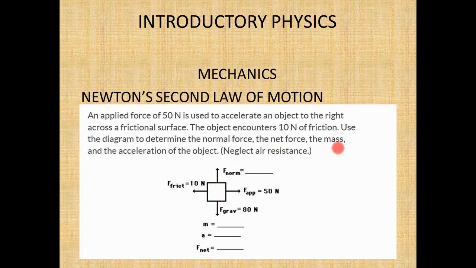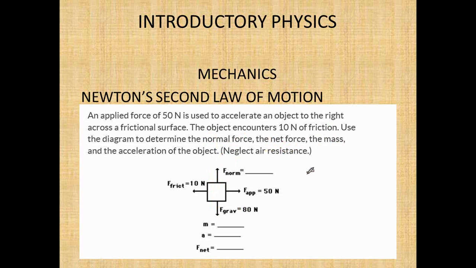And then they want us to determine the mass and the acceleration. Because you know the normal force or the force of gravity, and remember, the force of gravity is equal to the mass of the object times the acceleration due to gravity, let's write that out.